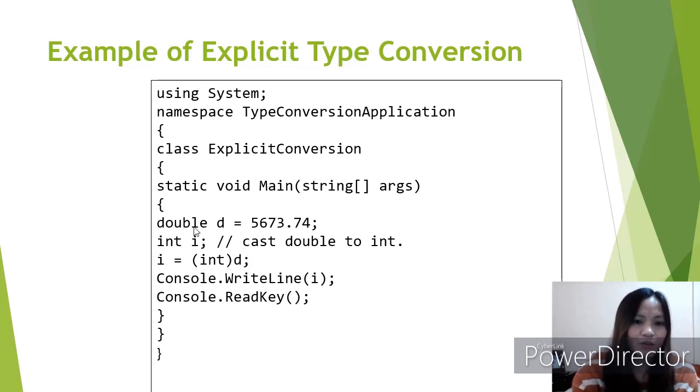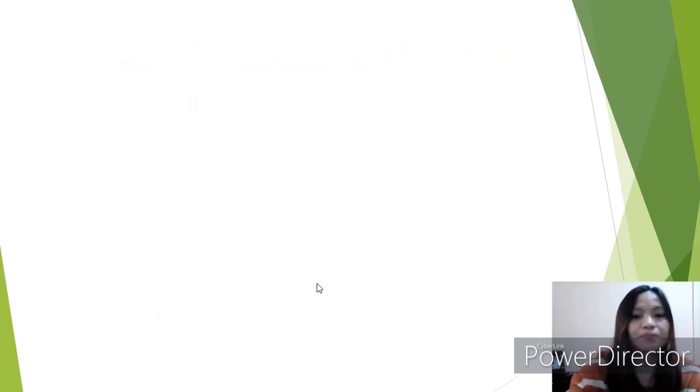So D is double, you converted it to int, and you stored the result of conversion to variable I, and then it will be displayed. So there, that's it. This is an example of explicit conversion. Just use it if it's needed in your program.